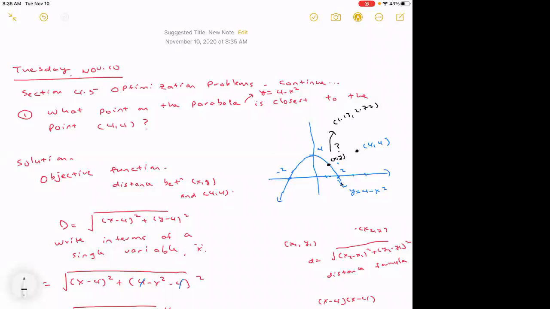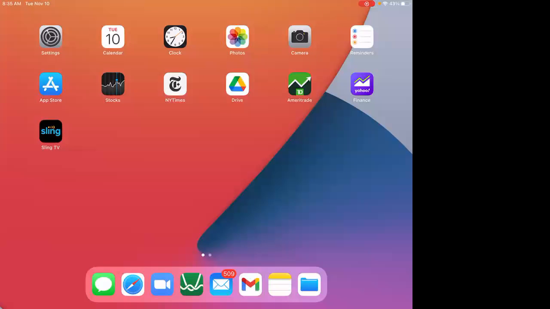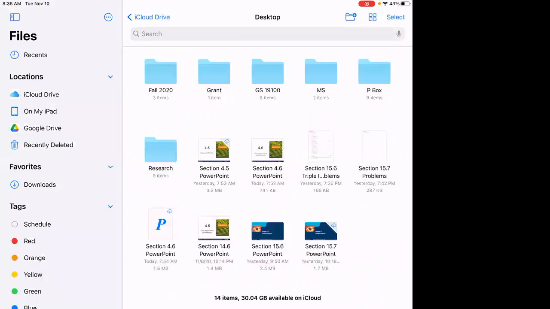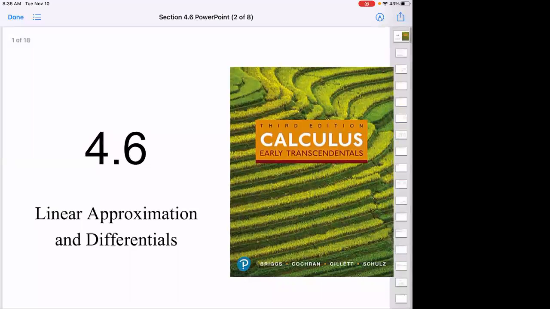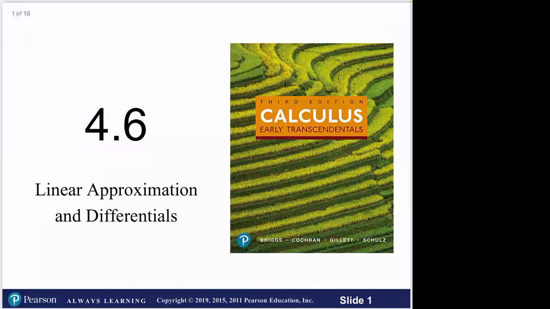Okay, now we start a new section called linear approximations and differentials. If you want to write that down in your notebook, otherwise I'll send these slides to you.